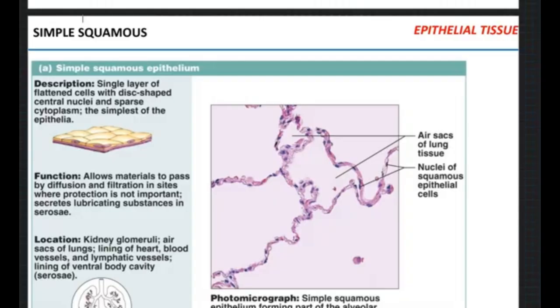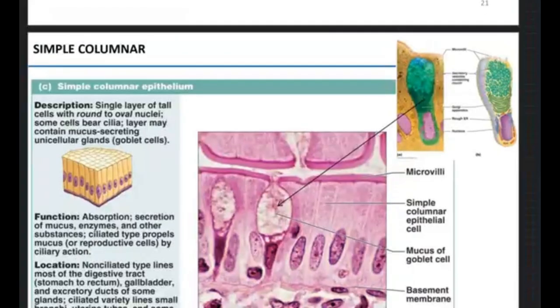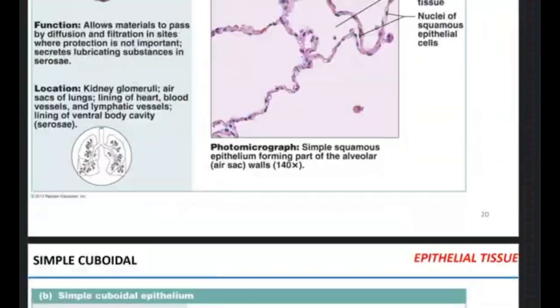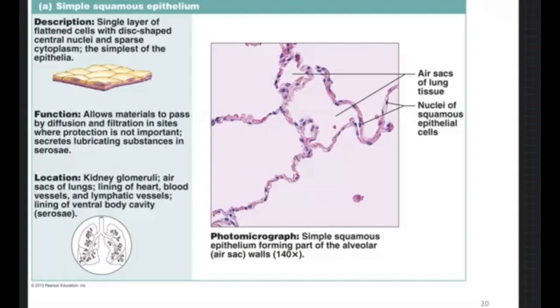Okay? So, before we start, I want to emphasize one really important thing. Okay, so we're going to start with simple squamous epithelium. So the term simple, what does that mean? One layer. Yes. The term squamous, what does that mean? Flat. So one layer of flat cells.